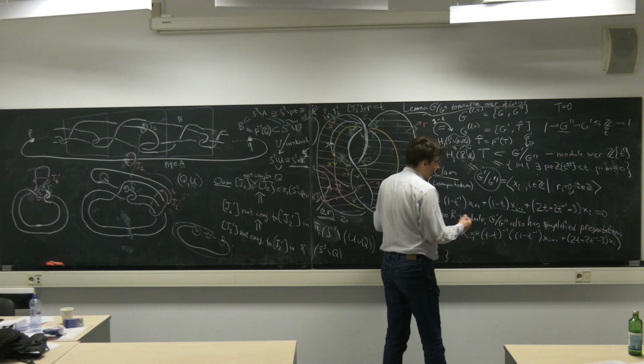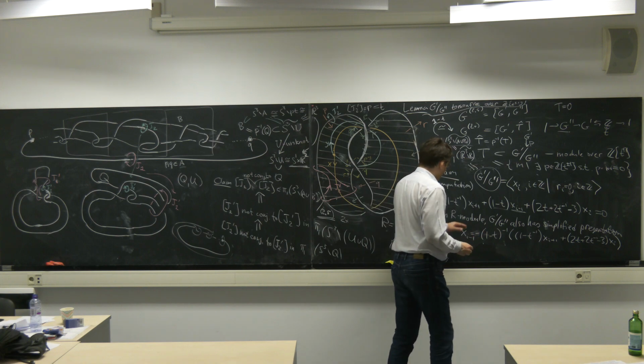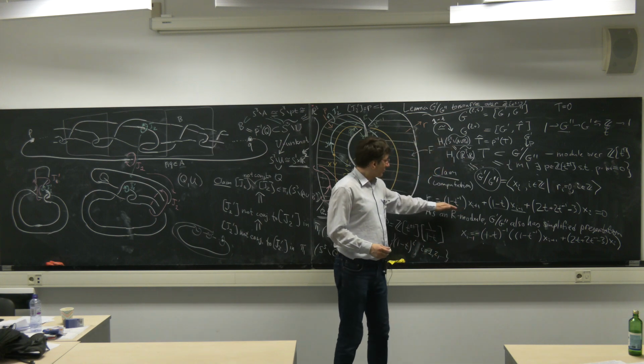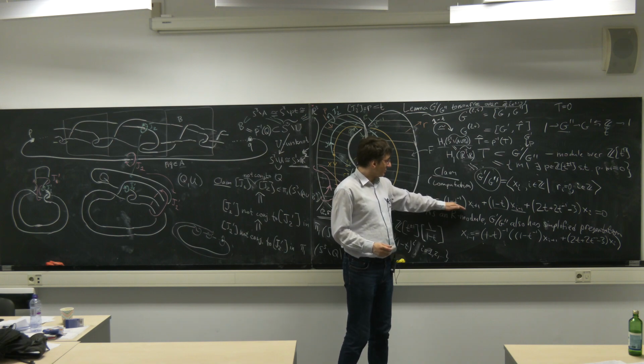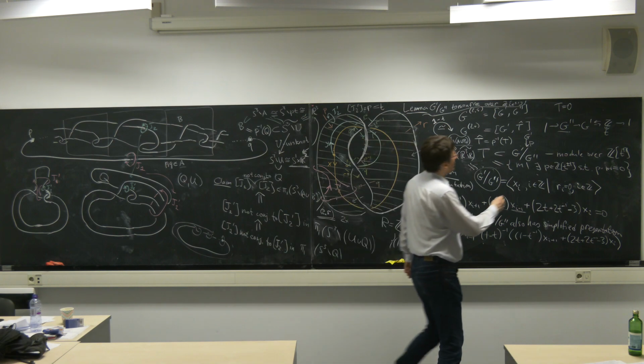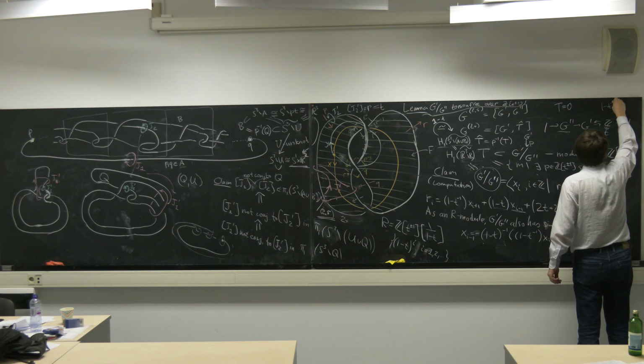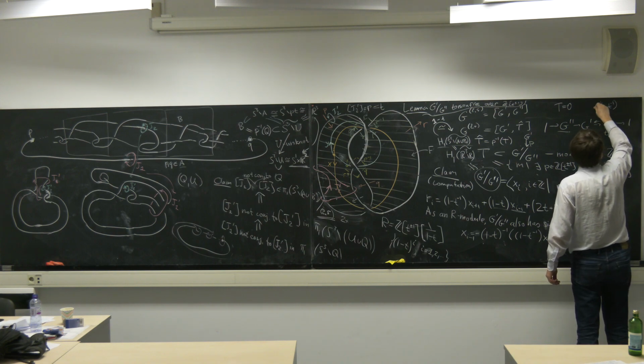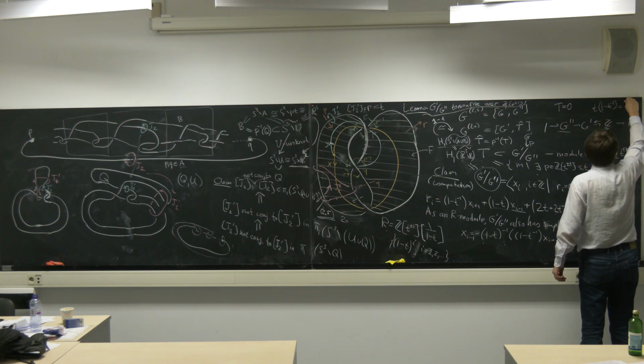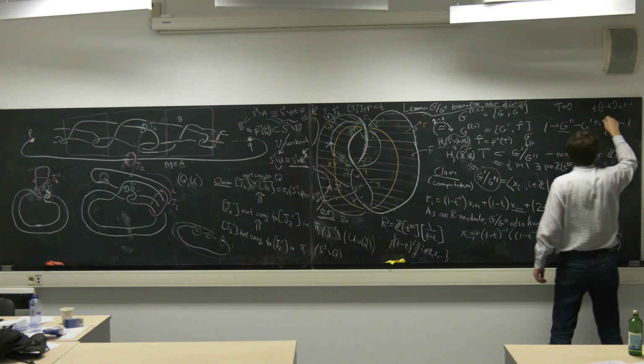Or I can simplify them in a different way. I can divide by 1 minus t inverse, because if we multiply 1 minus t inverse by t, then we get t minus 1.